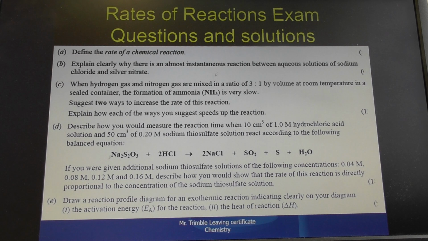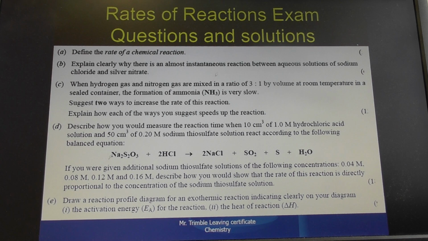Describe how you would measure the reaction time of 10 cm cubed of 1.0 molar hydrochloric acid solution, 50 cm cubed of thiosulfate solution, and the balanced equation. If you're given the additional solutions of 0.1, that will give different concentrations. How would you measure the rate?